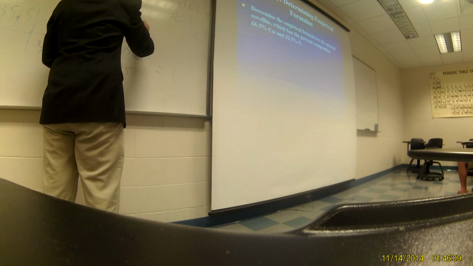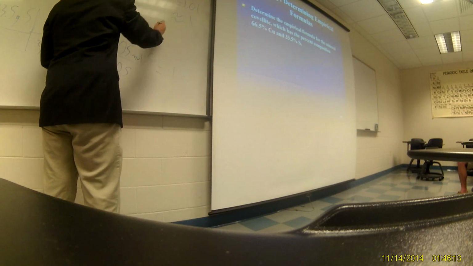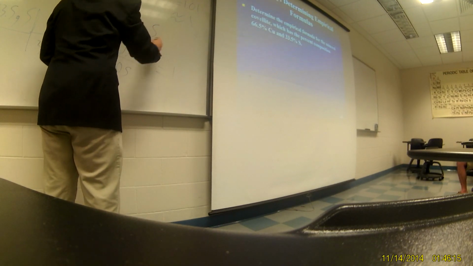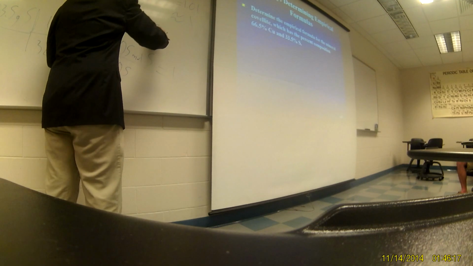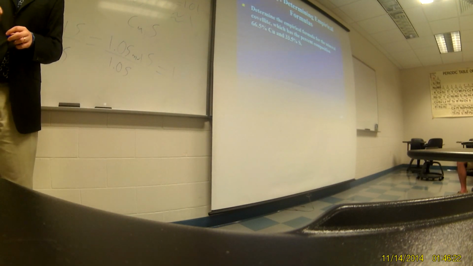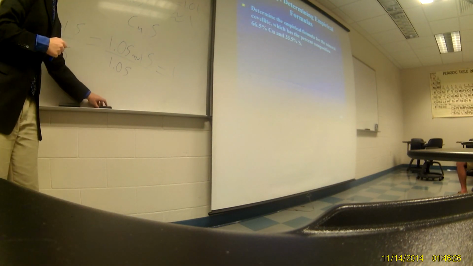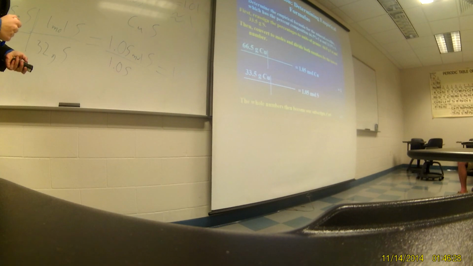So our formula is copper, what's my subscript? 1, because that's a 1. Sulfur, 1, they're both 1s. I don't write 1s, so it's just CuS. So that's everything worked out on that slide.